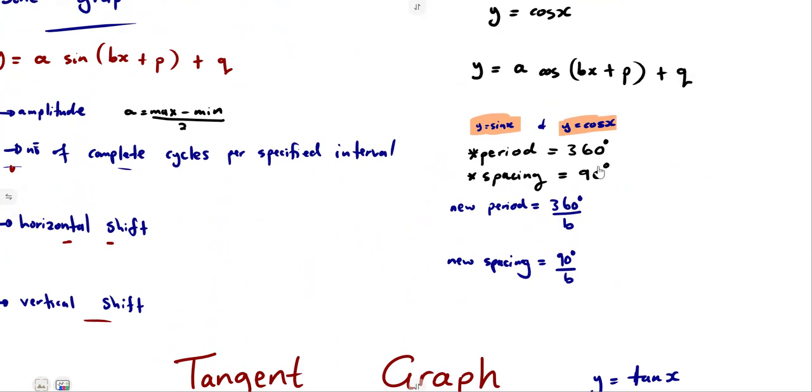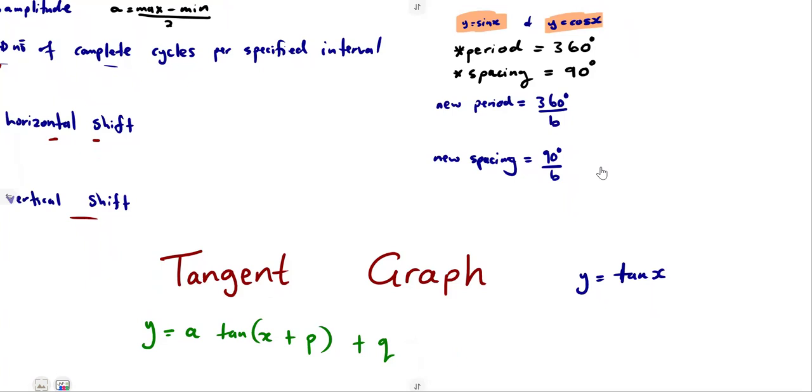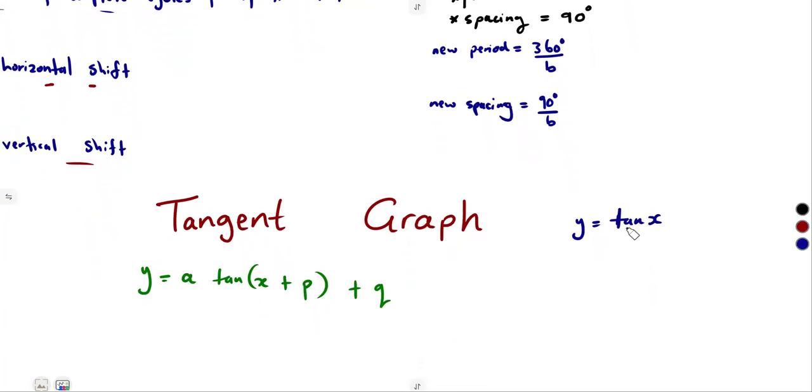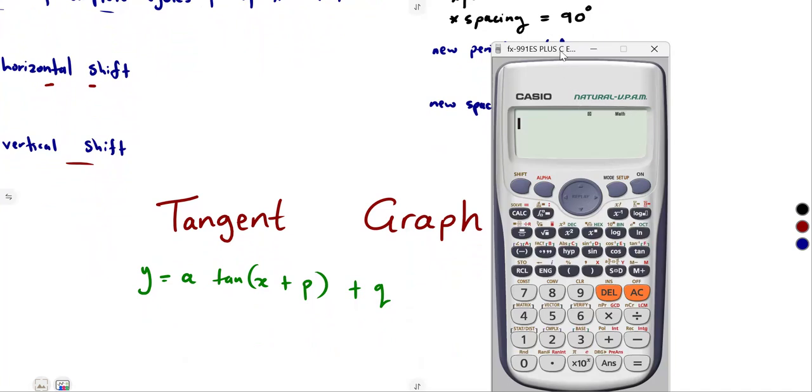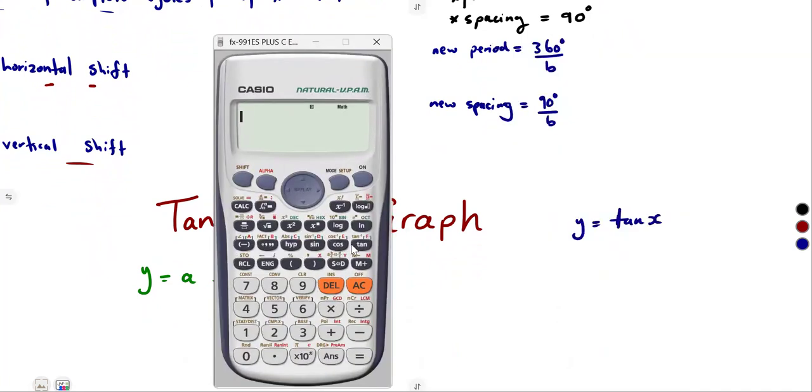Remember, we had a spacing of 90 degrees before, but this cannot happen on a graph of a tan. The spacing is going to change. If we are to consider the tan of 90 degrees, we do not have a value there. That's an infinity.